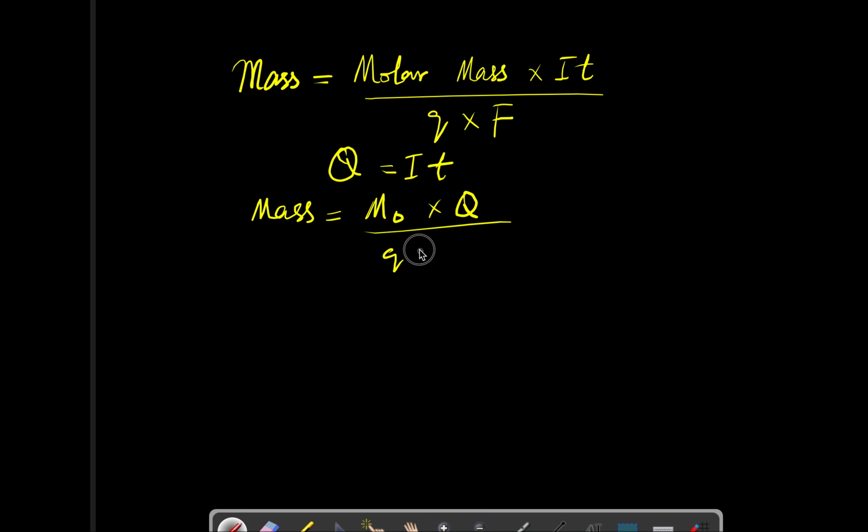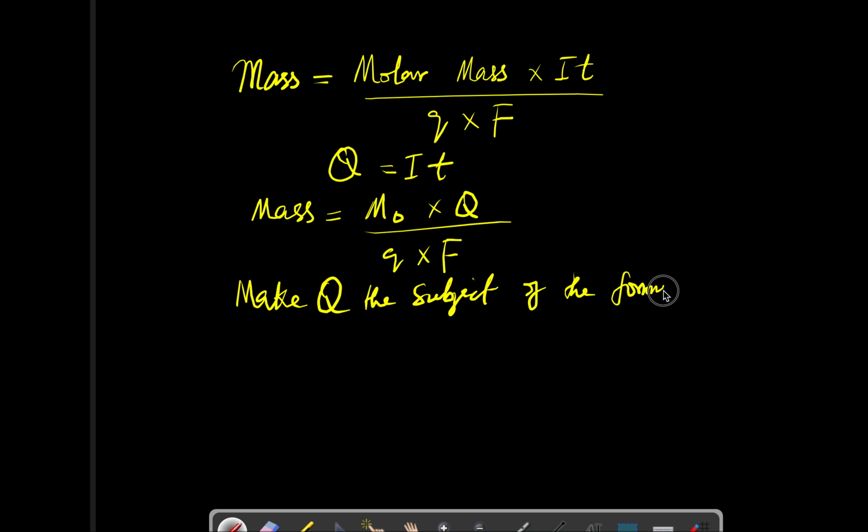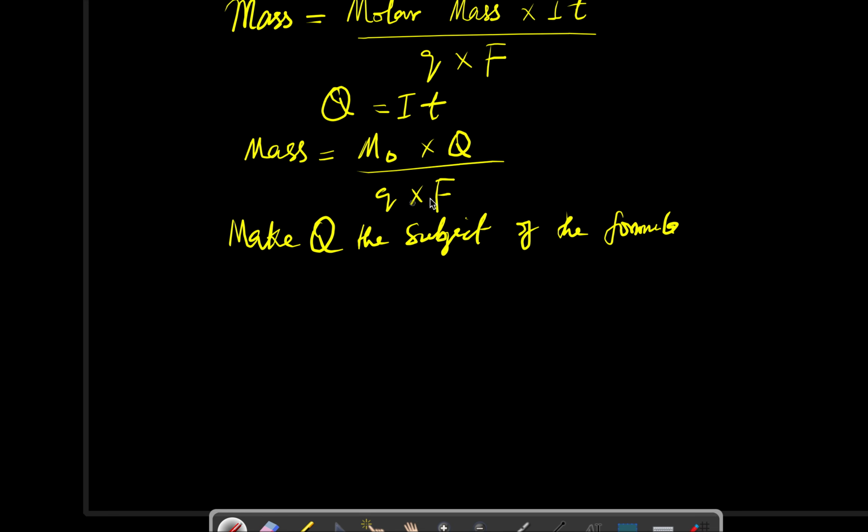And we have Q times F. So what if you're asked to make Q the subject of the formula? If you have to make Q the subject of the formula, what do I need to do? It's simple. Just simply cross multiply this to this mass.